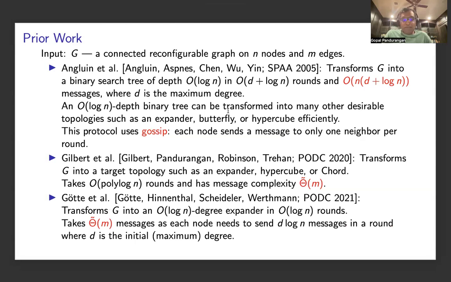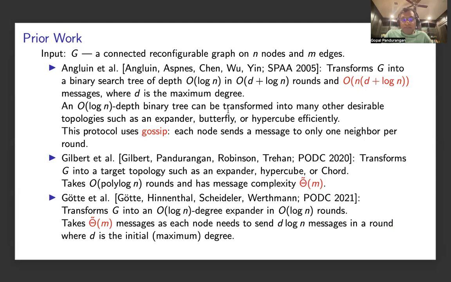A couple of years back, there was a paper by Götte, Hinnenthal, Scheideler, and Werthmann in PODC 2021, where they show that you can solve this problem, specifically convert G into a log n degree expander in log n rounds, which is optimal.